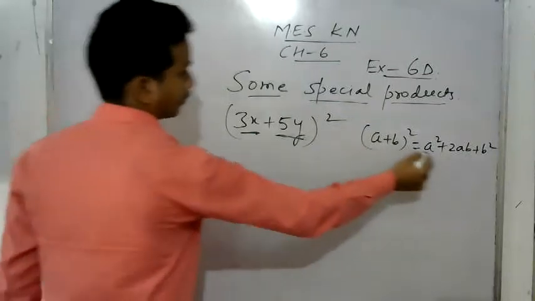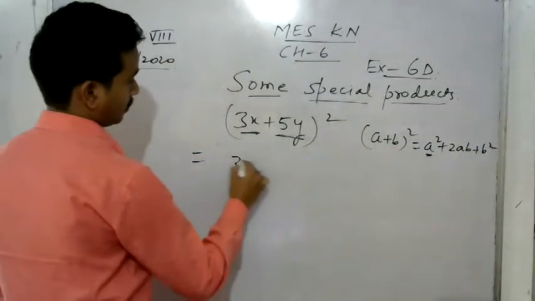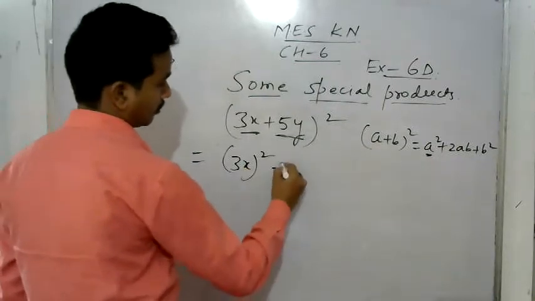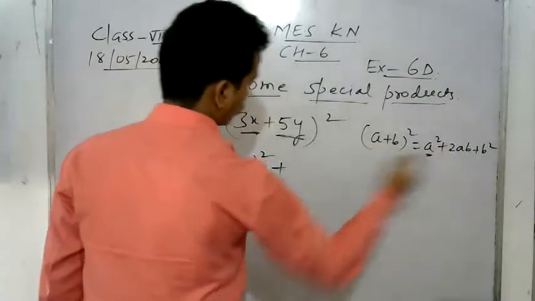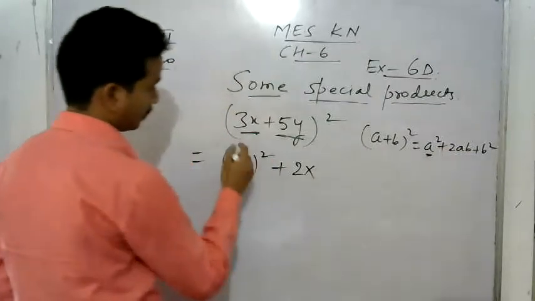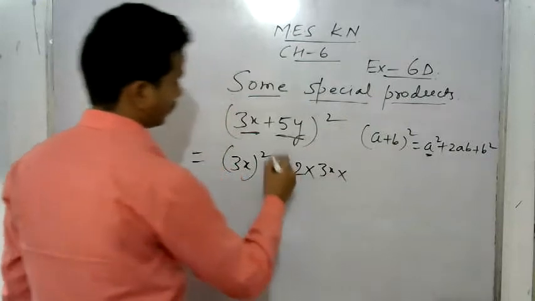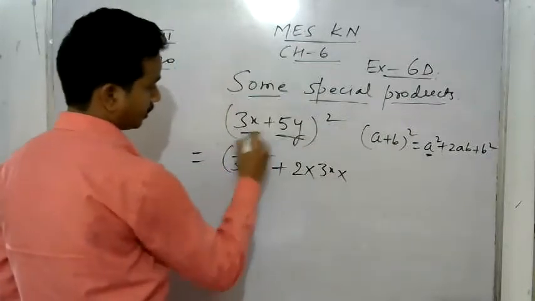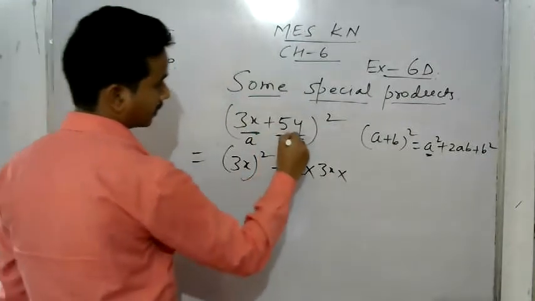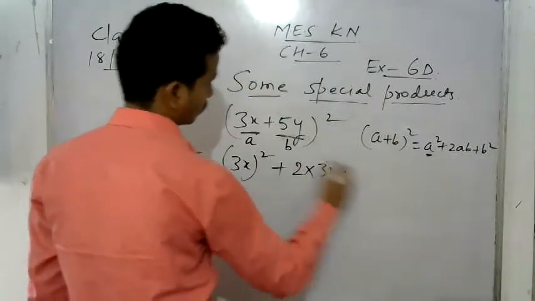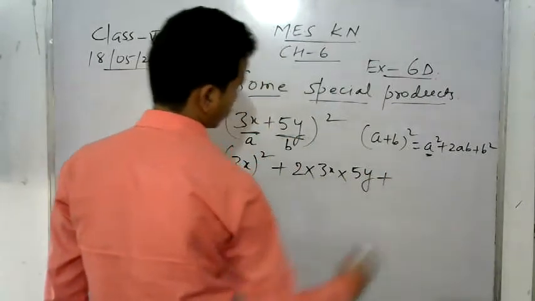Now a square means, here a is 3x, so (3x) whole square, plus 2ab, that is 2 into 3x into 5y, plus b square.